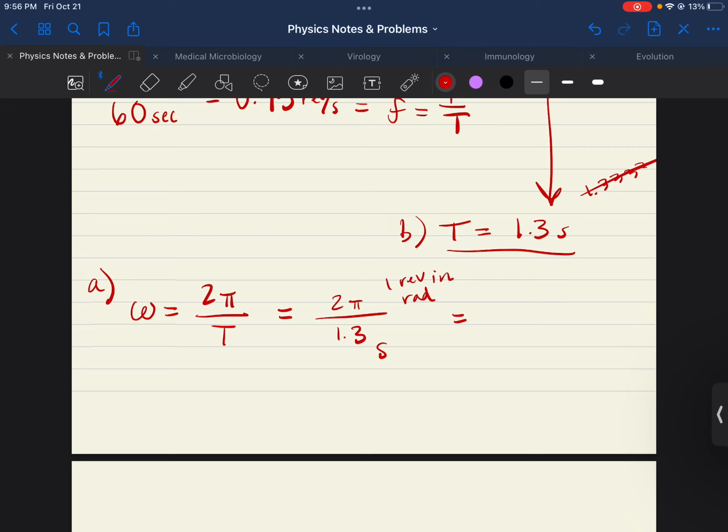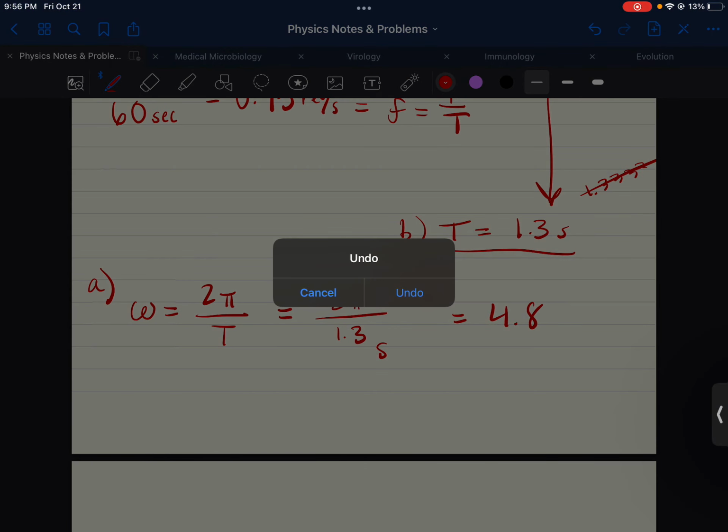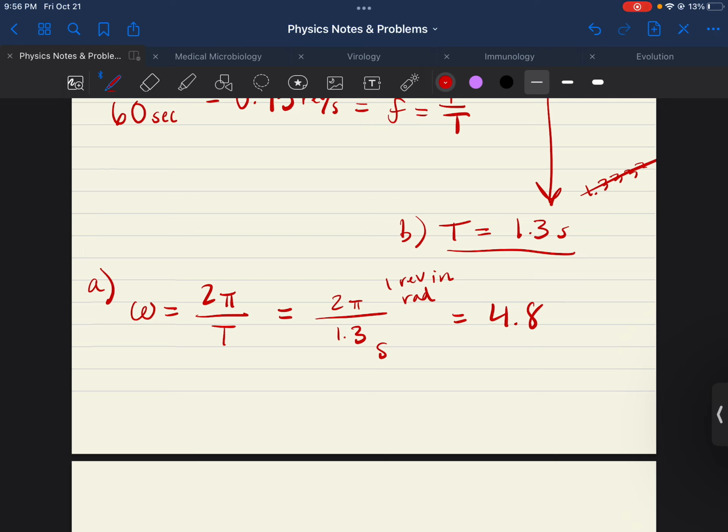And so when you put that into your calculator, I messed that up, I think. 4.8. Let me check my calculator. It's all the way across the room. But yeah, 4.8 radians per second.